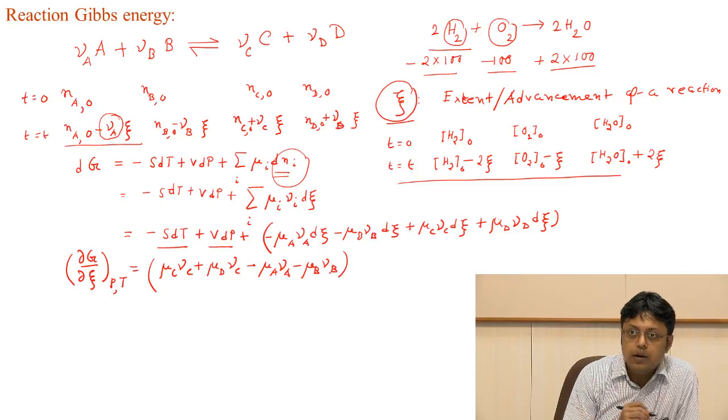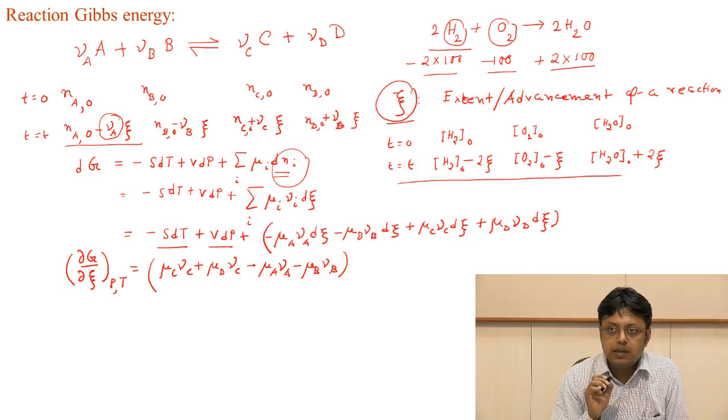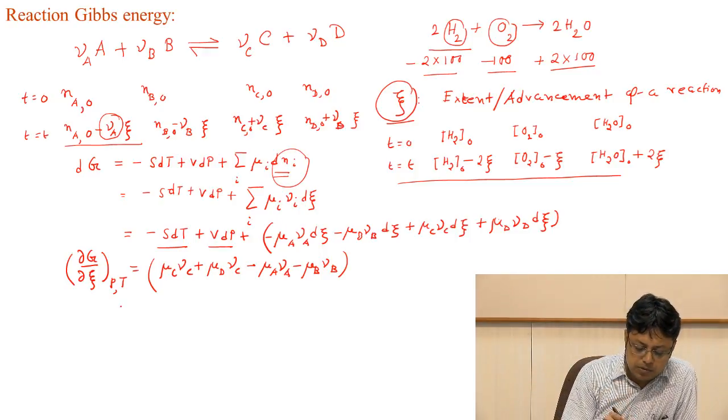Now let's think for a moment. Suppose we had a very simple equilibrium reaction like A going to B, where A is the reactant and B is the product.